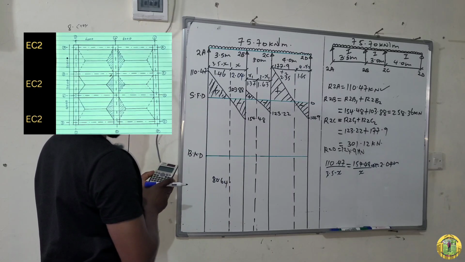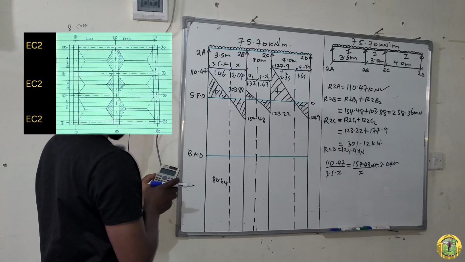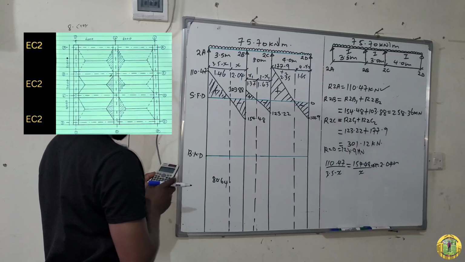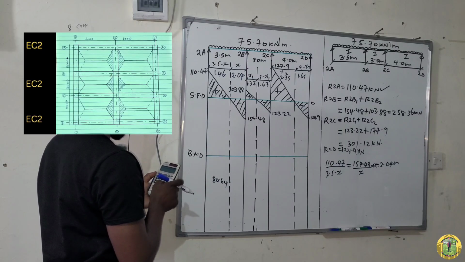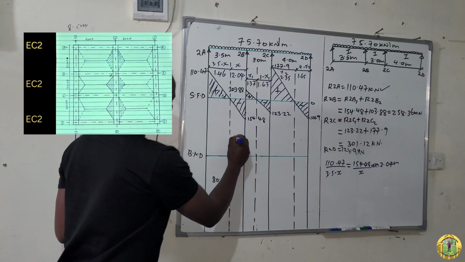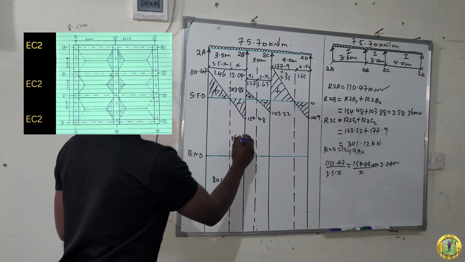So this is 0.5 times 154.48 times 2.04. So you get negative 76.93 around there.